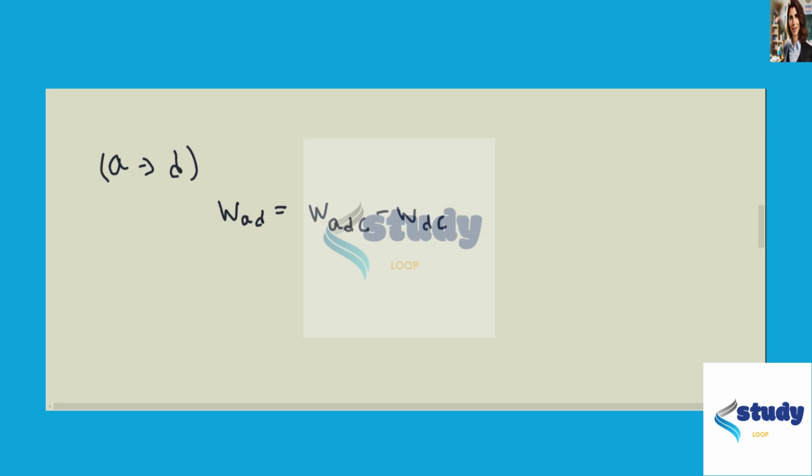Look at this: if here is the point A and here is the point D, the state of the work that we need must include A and D, but it also must include a third point, which is the point C. And then from this state, we subtract the work at the state of just these two points, DC.